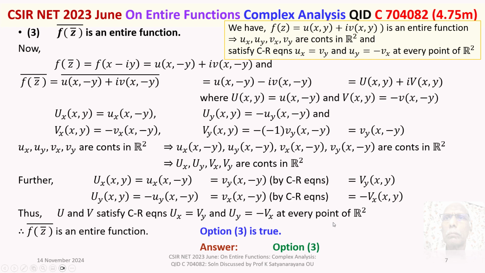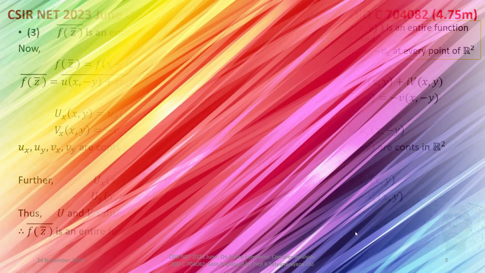This question is definitely very easy. Normally people will do it by the elimination process and conclude option 3 is true. But the proof of option 3 is given here. I am sure that you have understood the solution of this problem.